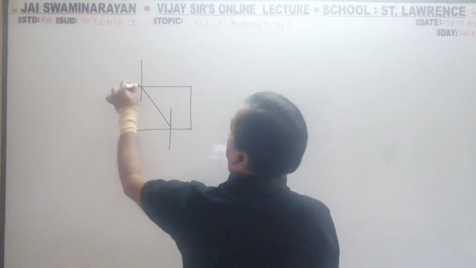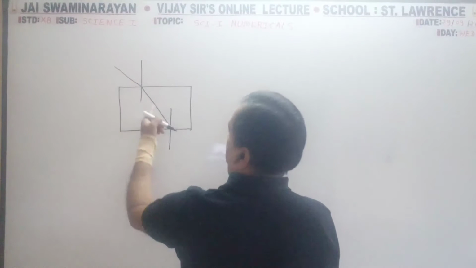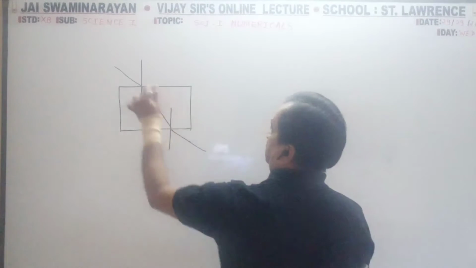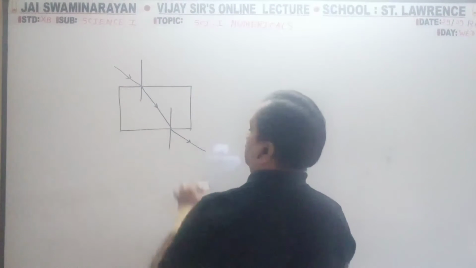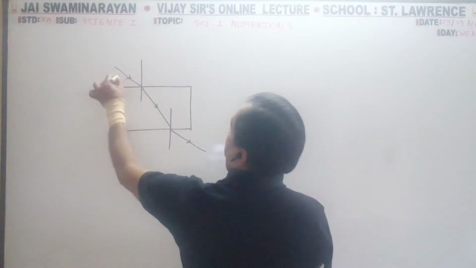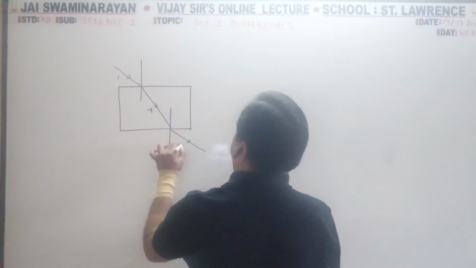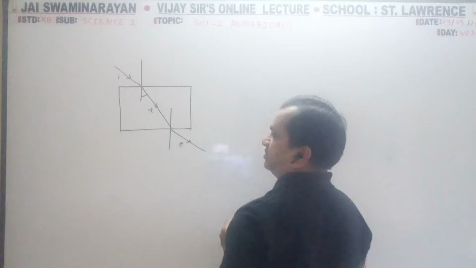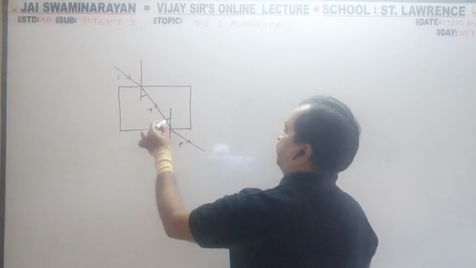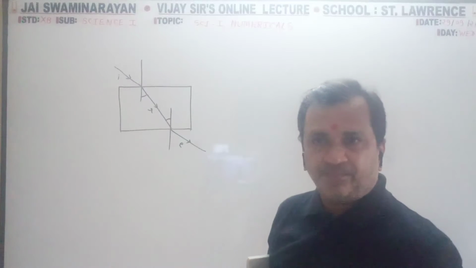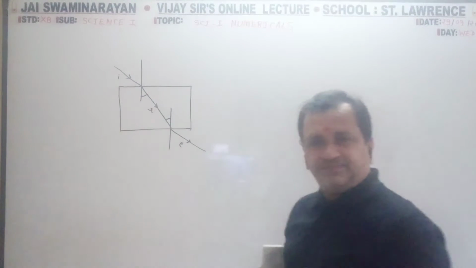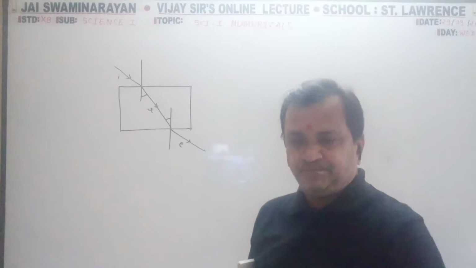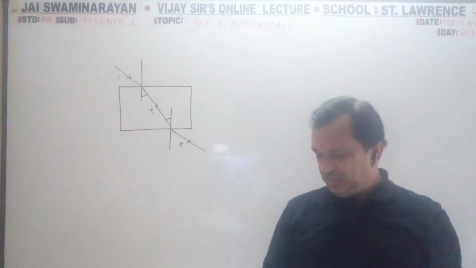From air to glass, so this angle should be bigger compared to this. And this angle should be bigger compared to this. Incident, refracted, emergent. So from air to glass, how much it decreases, that much angle will increase from glass to air. So this and this will be parallel. So that I is equal to E.